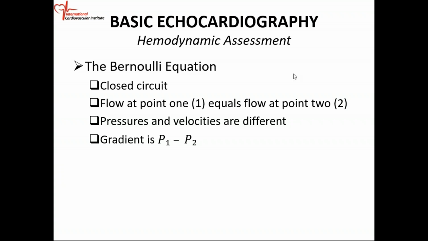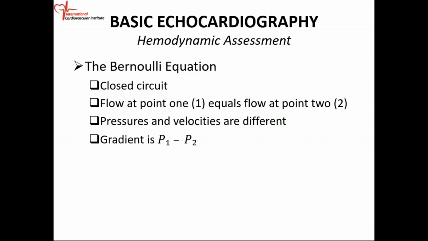What is going to be different is your pressures. The pressures and velocities are going to be different at the different points in that closed circuit. When we talk about gradient, gradient is a pressure difference between two points.